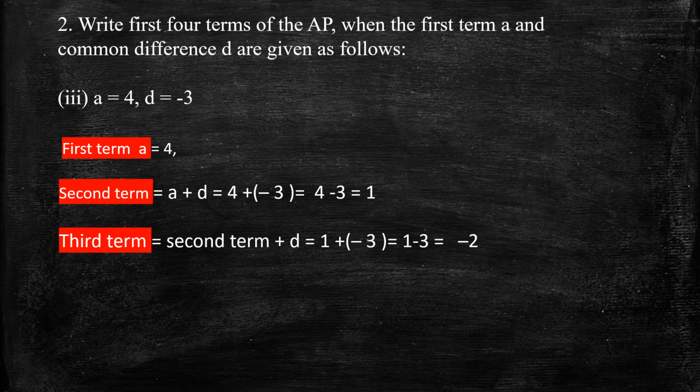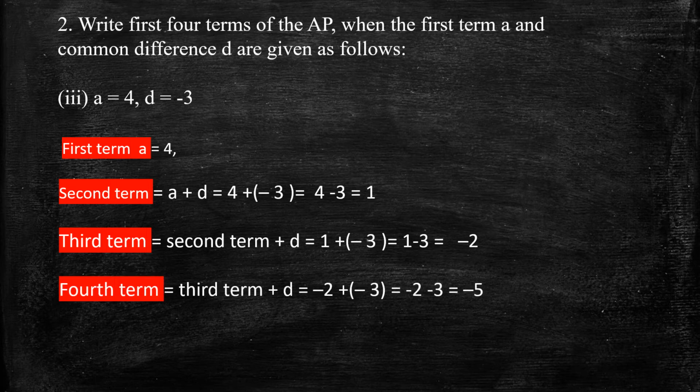So 1 plus of minus 3 is 1 minus 3. What is 1 minus 3? Minus 2. Okay. So the third term is minus 2. The fourth term is the third term plus the common difference. So the third term is minus 2 plus of minus 3. So minus 2 minus 3 is minus 5. So the fourth term is minus 5. Therefore, the first four terms of the AP are 4, 1, minus 2 and minus 5. Understood, children?